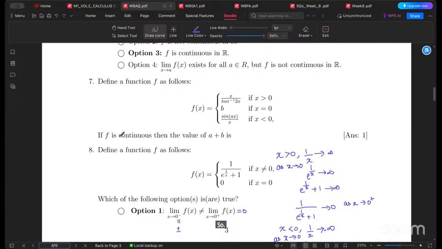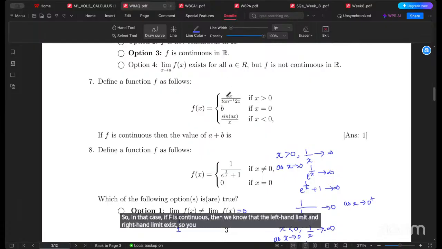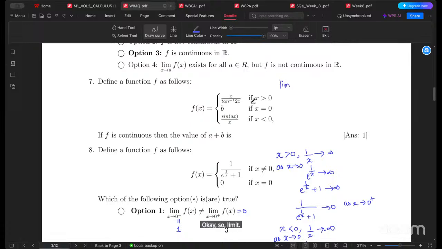If f is continuous, then the left hand limit and right hand limit exist. So for the right hand limit, f of x is limit x goes to 0 of x by tan inverse of 2x.